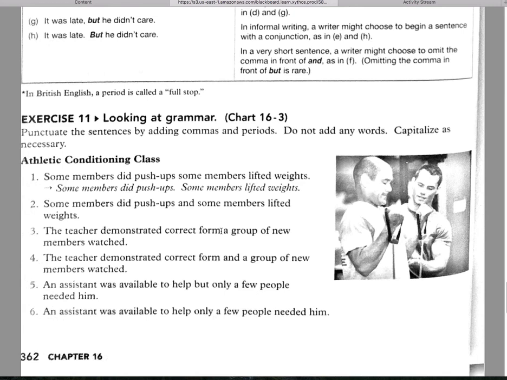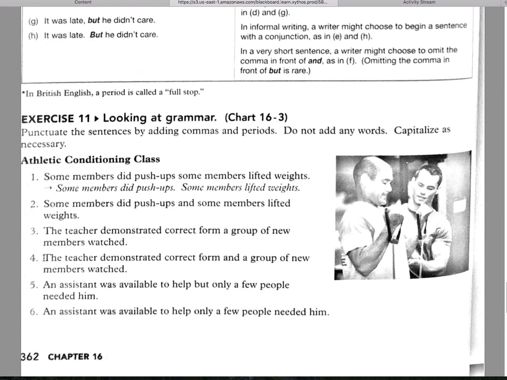Or the teacher demonstrated correct form, semicolon, lowercase a group of new members watched. So if you use a semicolon, you don't capitalize the article A. If you use a period, you do capitalize the article A. Both choices are correct. The period is more common now.